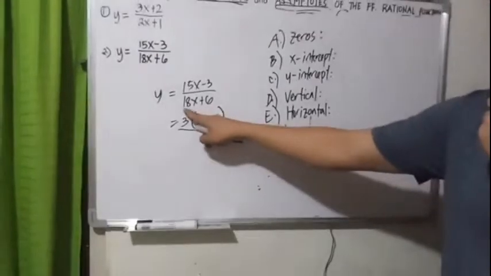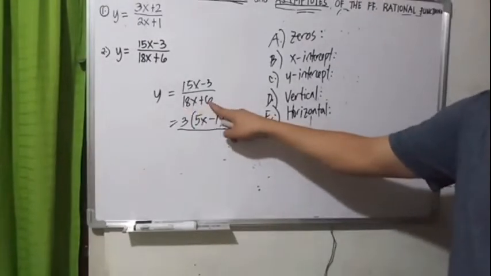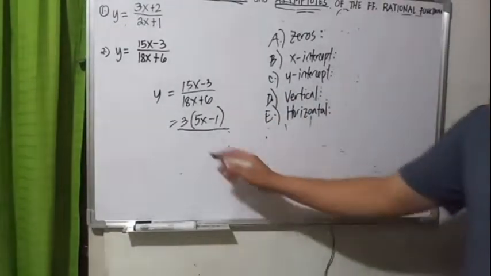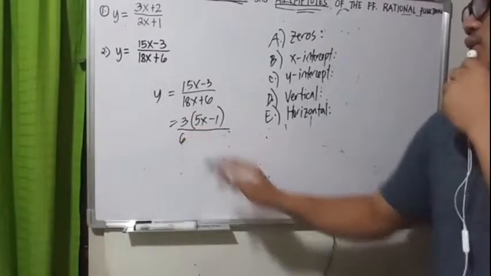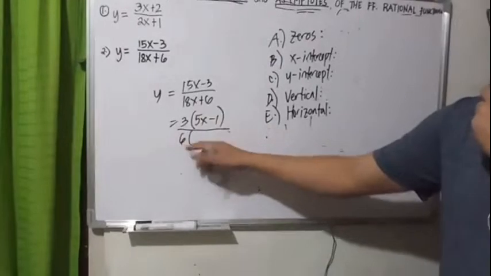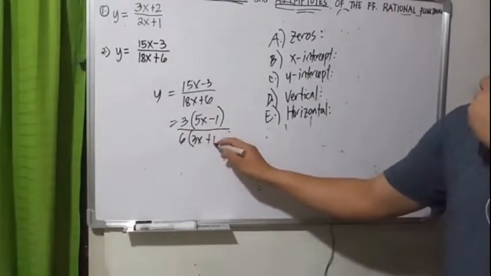For the denominator, 18 is divisible by 6 and 6 is divisible by itself, so we factor out 6. 18x divided by 6 is 3x, and 6 divided by 6 is positive 1.